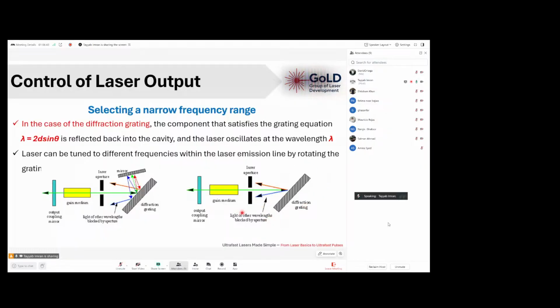And what is the grating actually? I don't know how many people know what the diffraction grating is. How many people know here about the grating? Sir, I know. Nargis Kapoor. Yeah, sure.